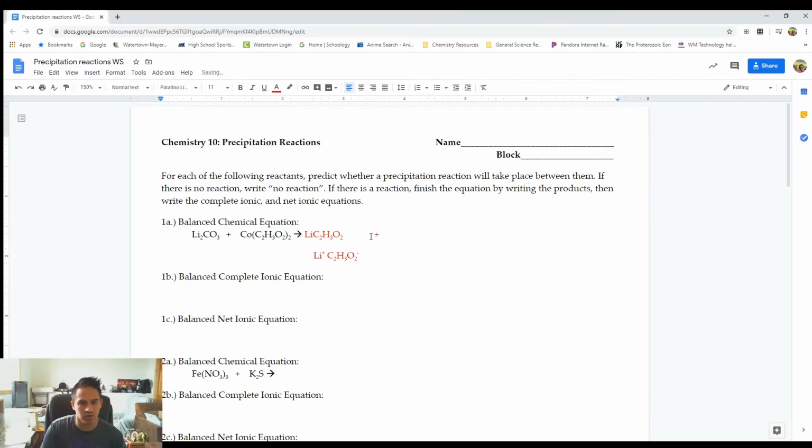The other product will be cobalt bonded with carbonate. Cobalt makes a charge of positive, or in this case it's cobalt 2.